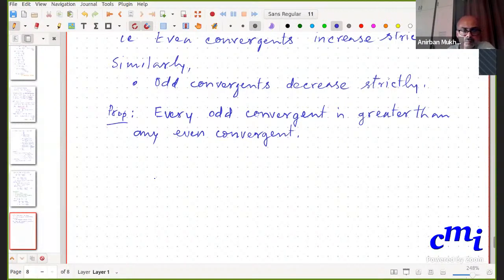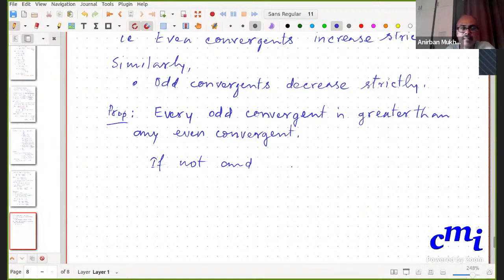So the proof of this is quite simple actually. Let me just give a quick proof. Suppose not. This is saying that every odd convergent is greater than any even convergent.